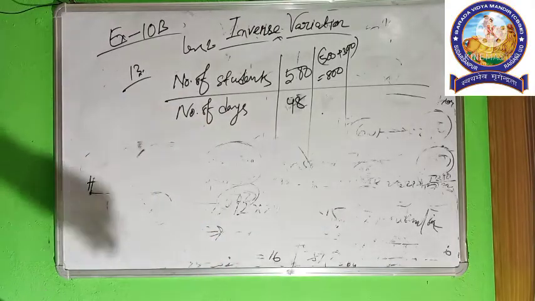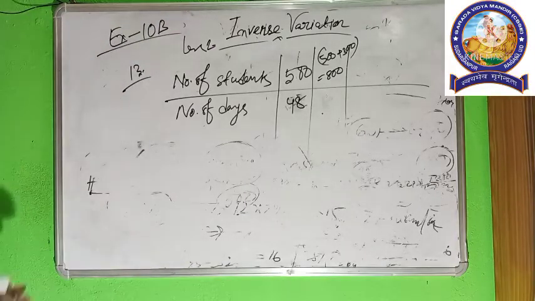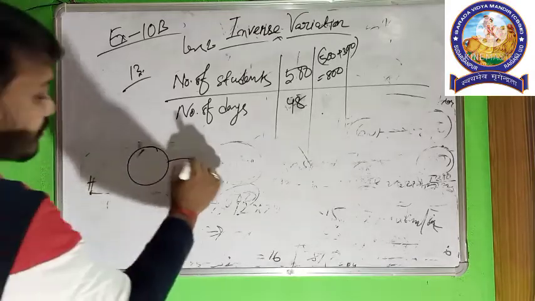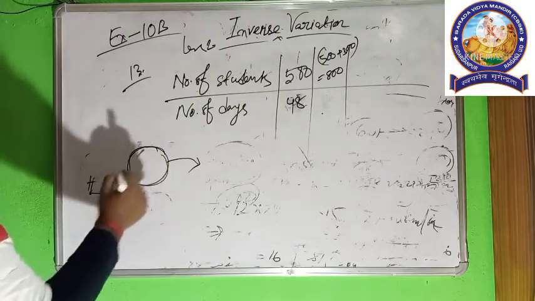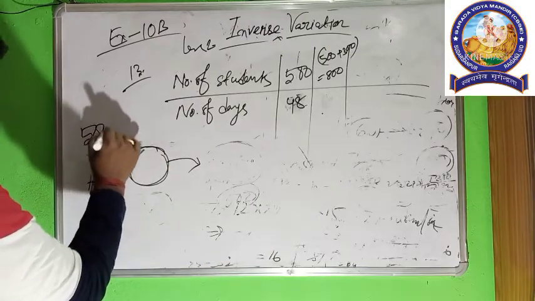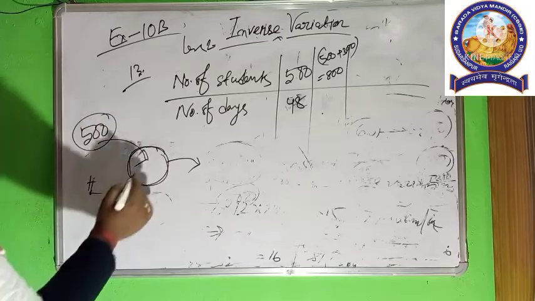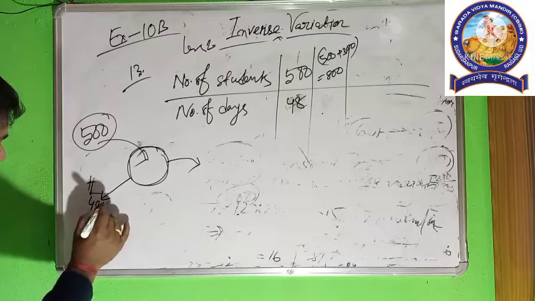Obviously, if the number of students becomes more, then the same provisions last for fewer days, because first 500 students were eating the ration and it lasted 48 days.